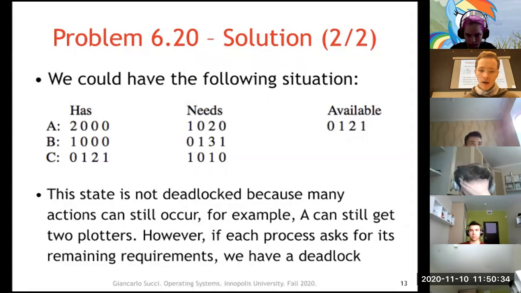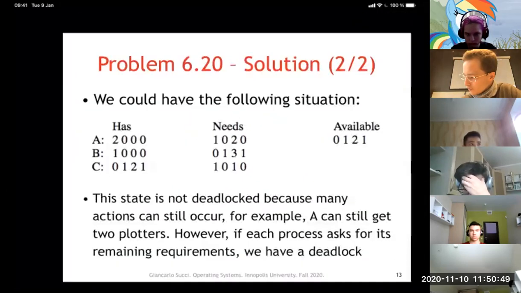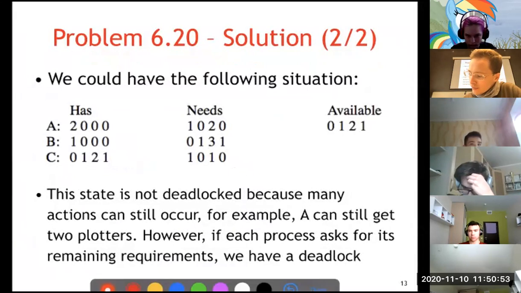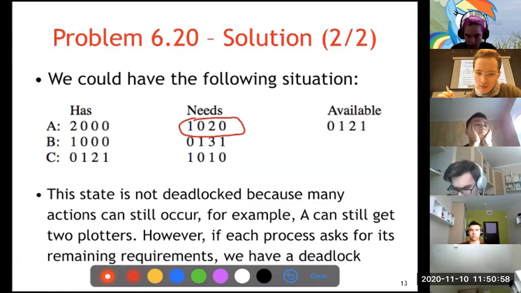The point is, if you always request all of the resources up front, then there's a deadlock. If A needs these many resources all at once to finish, then there is a deadlock, if we always consider allocation of resources all at once.